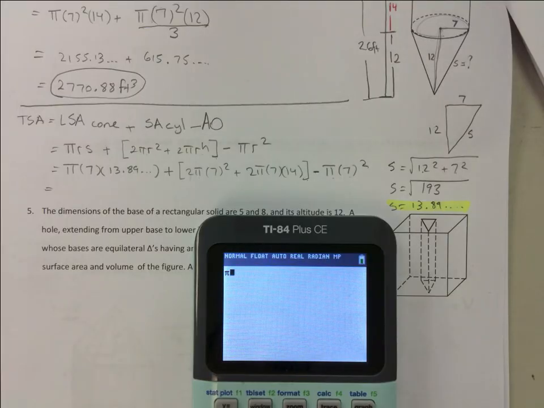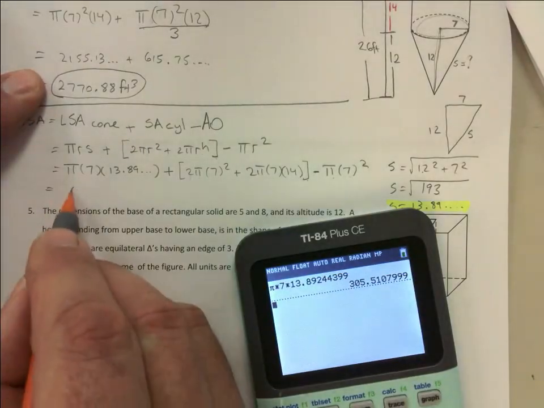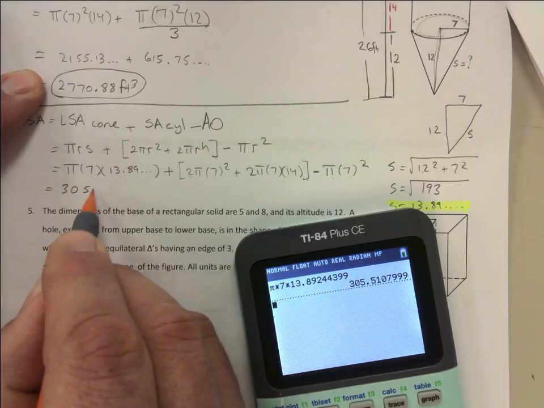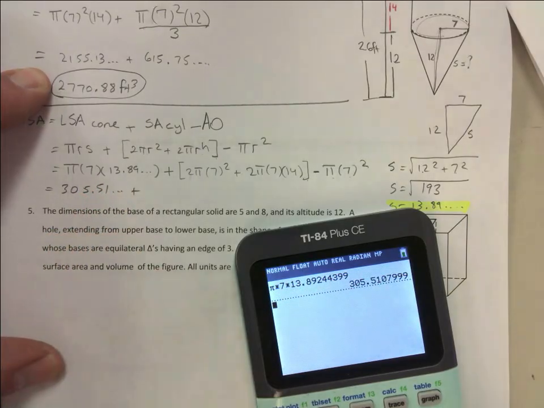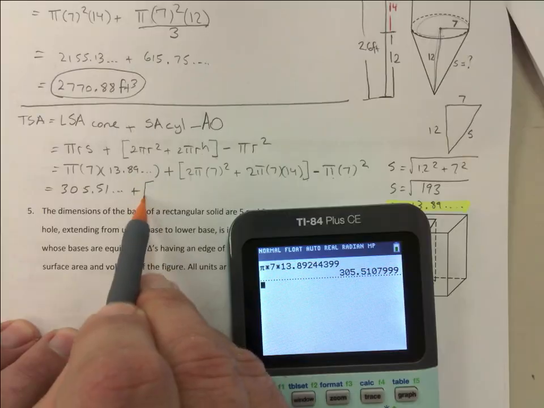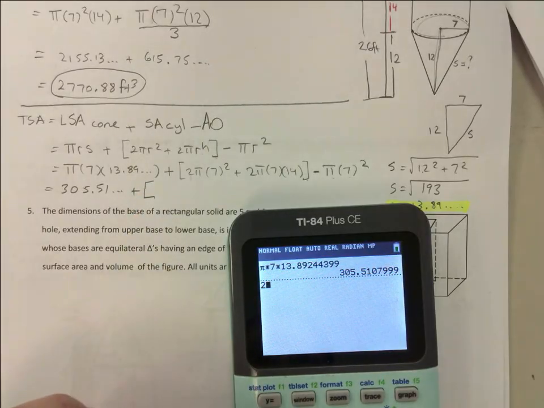So pi times 7 times, oh, I'm going to go look at my slant height. There it is. It's 305. Plus, let's do the square bracket separately. 2 pi r squared, that's 49, right? Plus 2 pi times 7 times 14.